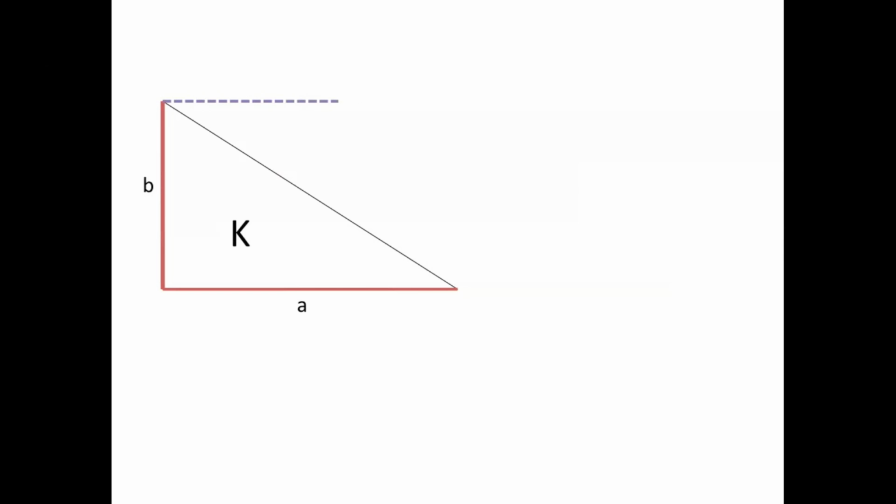So we're going to extend or draw a line that's the length of A, and then draw another line that's the length of B to create this rectangle. And as you can see, we know that the area of a rectangle is base times height from a previous video.